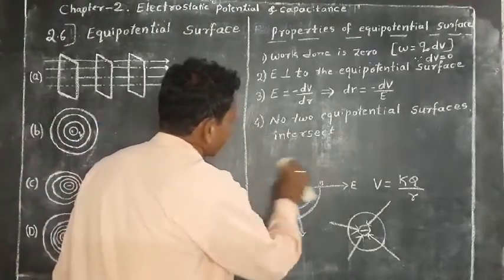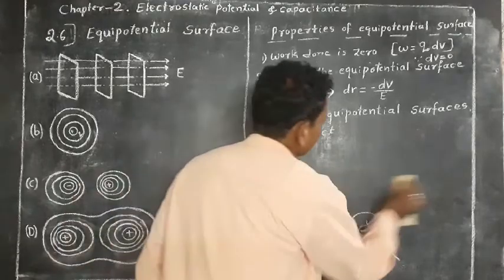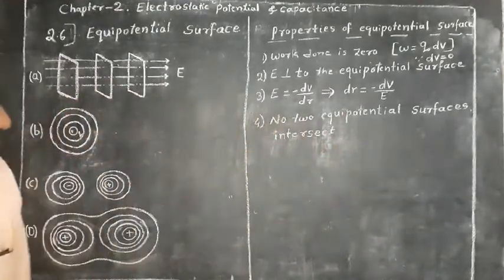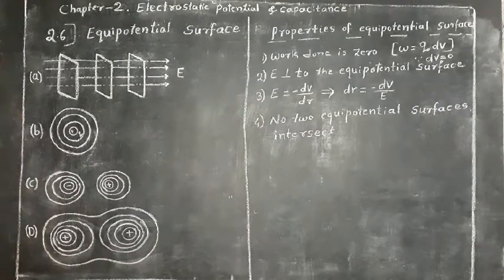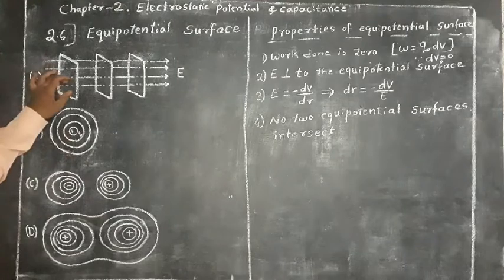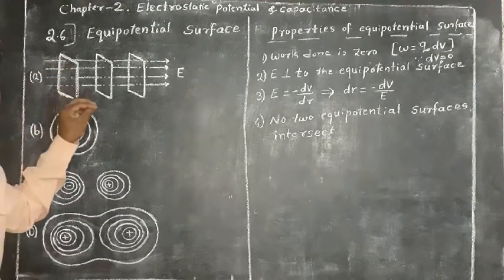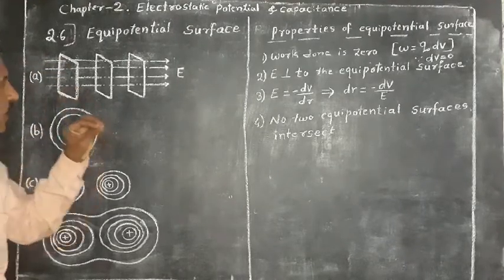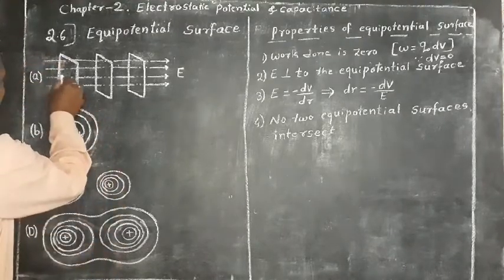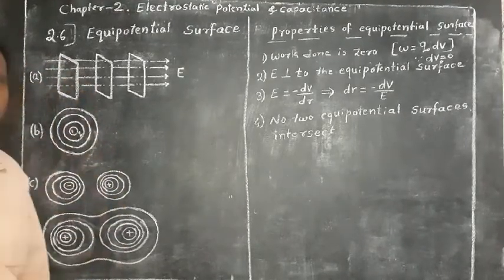And now the equipotential surface for a uniform electric field. What is a uniform electric field? If the electric field is the same at all points, such an electric field is called a uniform electric field.